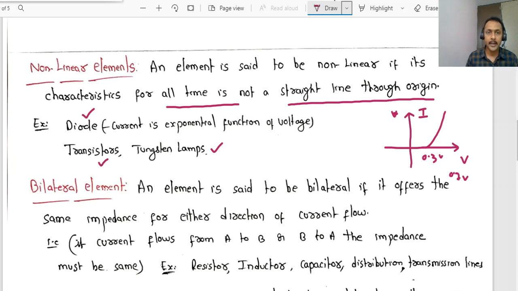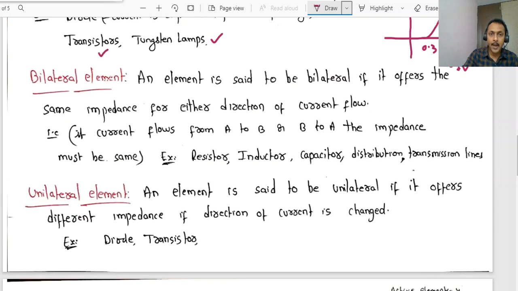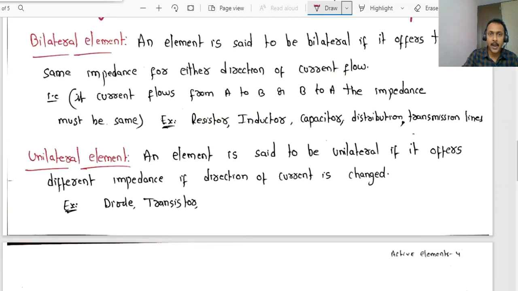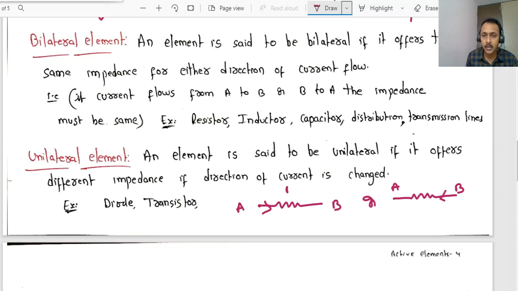Non-linear elements, right? Similarly, we have bilateral and unilateral elements. How do you understand that? For example, if you have a resistor like this, whether the current is flowing from A to B, or whether the current is flowing from B to A, in both cases the resistance offered by the resistor will be the same.